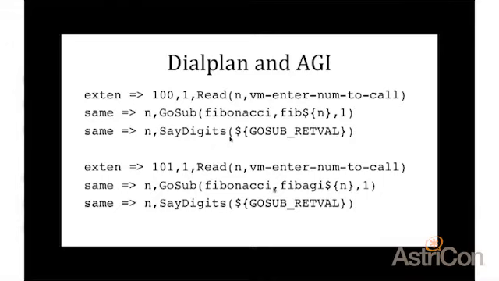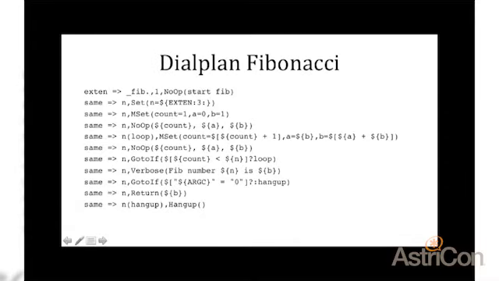This is exactly the same. The difference between the two is that this extension is called fib_AGI because it calls AGI. So here is what my Fibonacci sequence looks like. I'm not going to step through this step by step, but it basically takes the two numbers and adds them together, and then it shifts the values, and it keeps on calculating them.